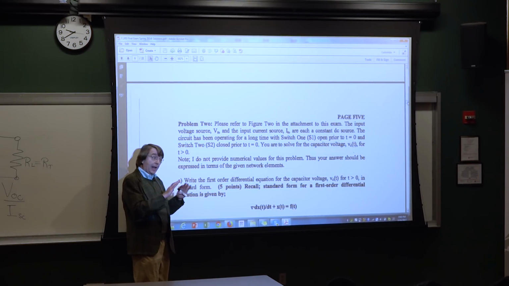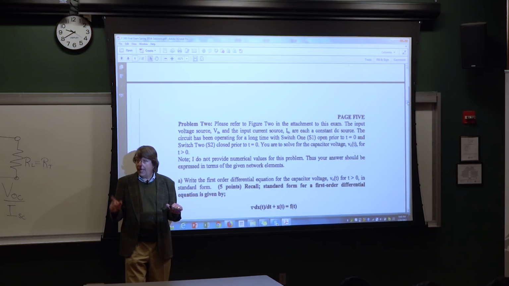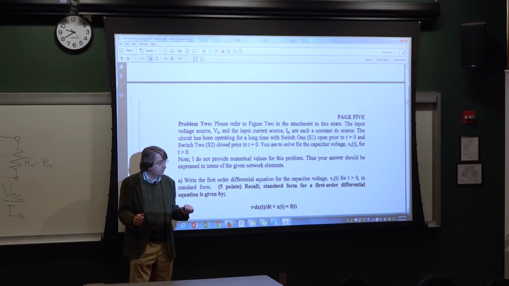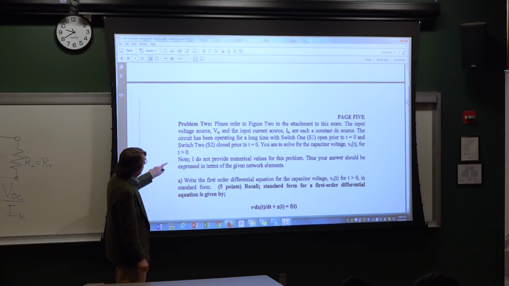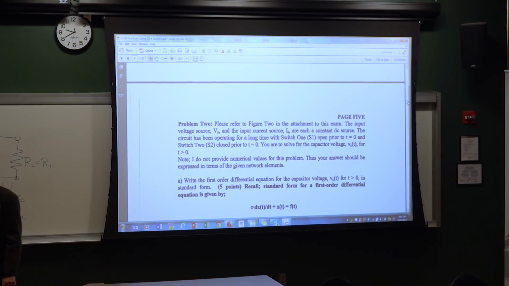Steady state means, and I hope you know this, capacitors are open and inductors are shorts. Short circuits. So you are to solve for the capacitor voltage for t greater than 0.